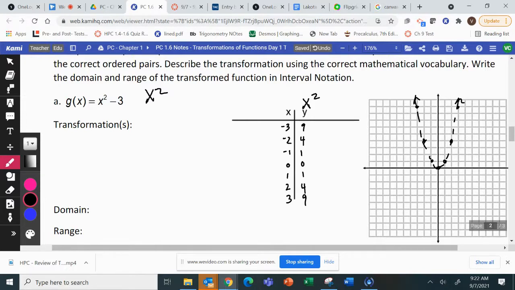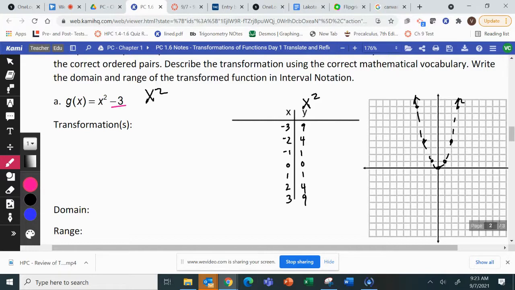We are going to label any transformations. We look at the equation, and the equation has a -3. That's different than the parent function. So we say, is this on the outside or the inside of the function of the x squared? Katie, do you know? Wow. It is on the outside. It is not part of the x squared. So that means it's going to be vertical. If it's vertical, it's up or down, and it's exactly what you would think it would be.